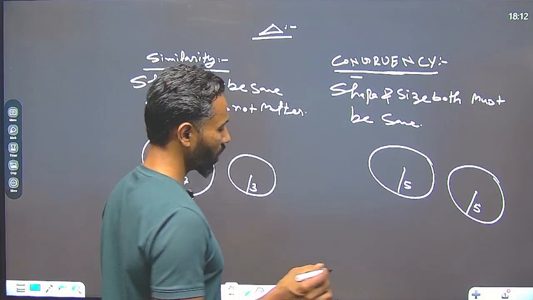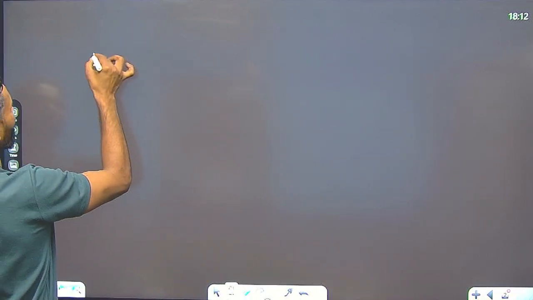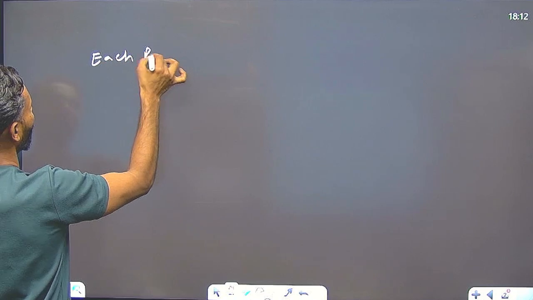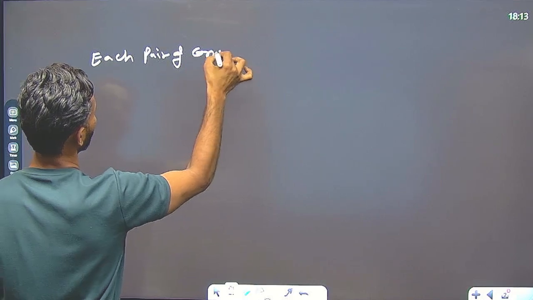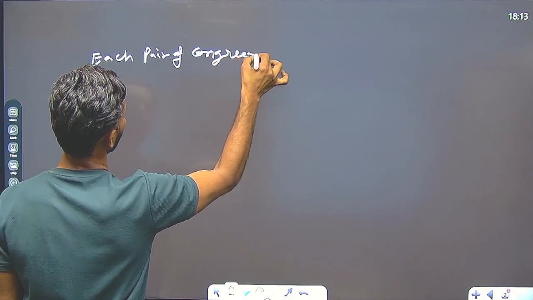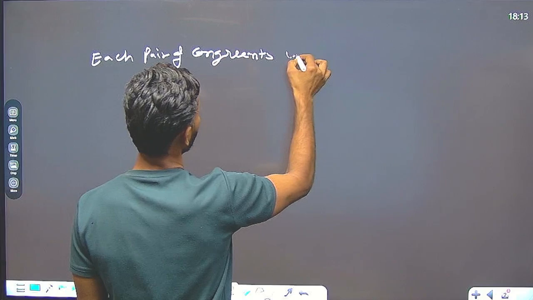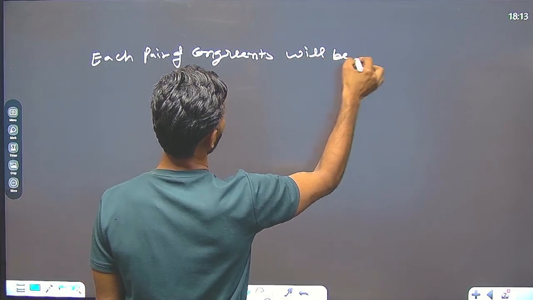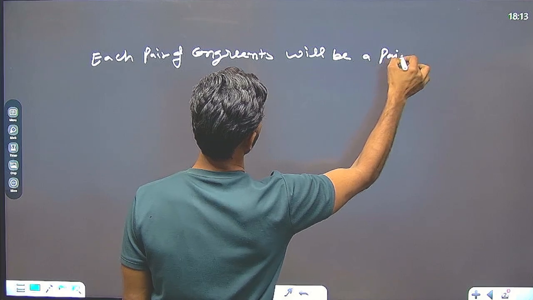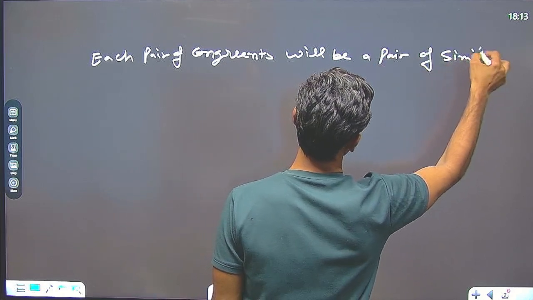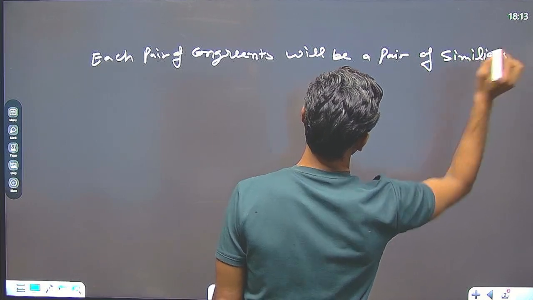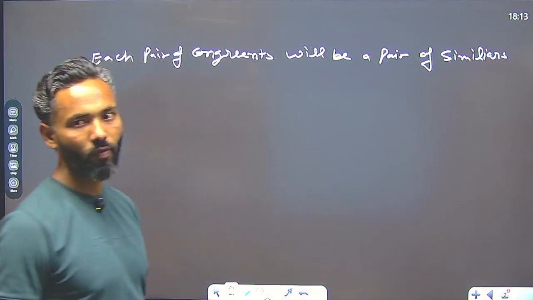So you have to keep this in your mind: each pair of congruents will be a pair of similars.